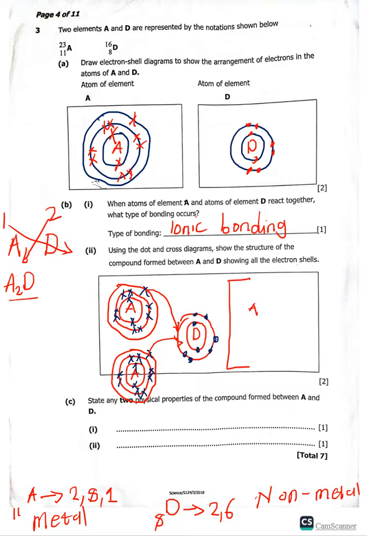Our A: we will ignore the outermost shell since it has been lost. So each atom of A is now stable. Now D is also stable.